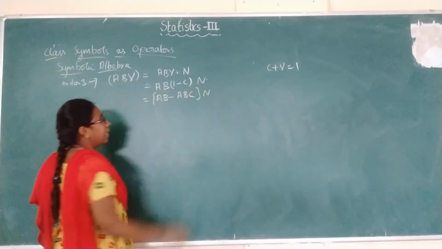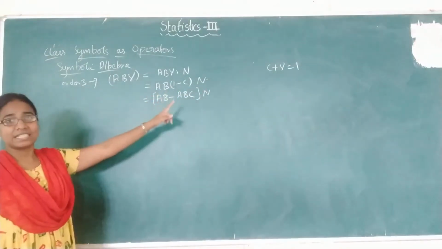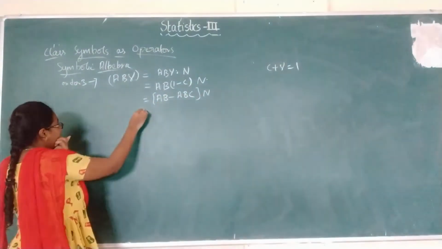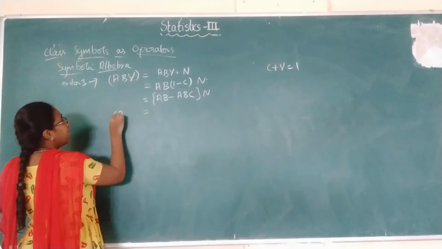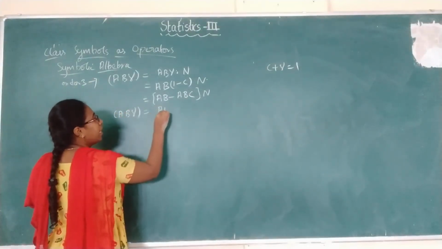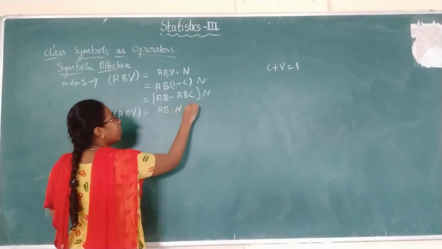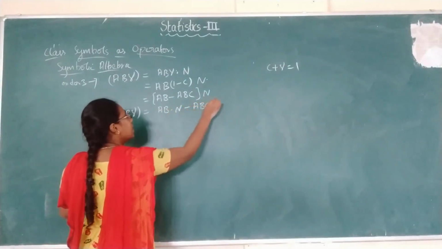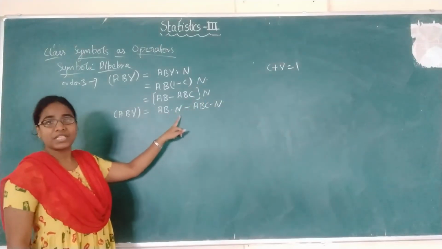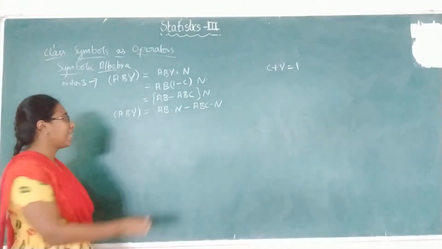into capital N. Now multiply these classes with capital N, that is, dichotomizing with N, so that the AB gamma class frequency equals AB into capital N minus ABC into capital N. Whenever you dichotomize with N, you get its class frequency.